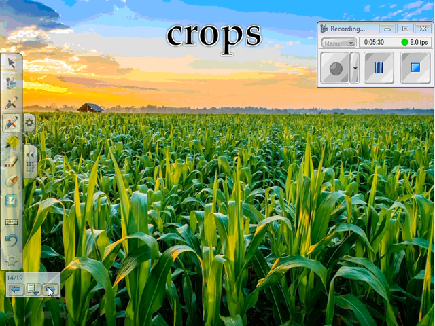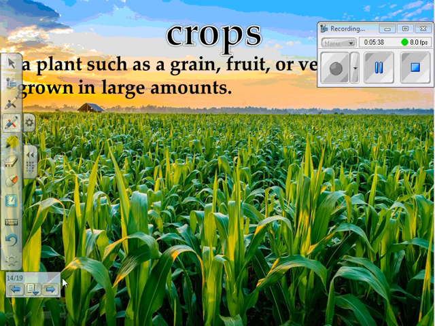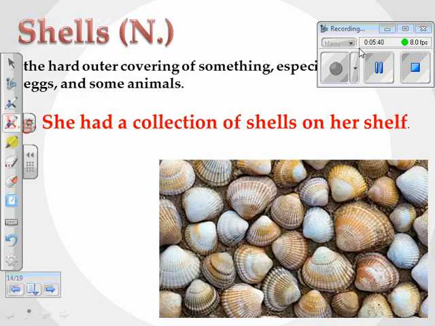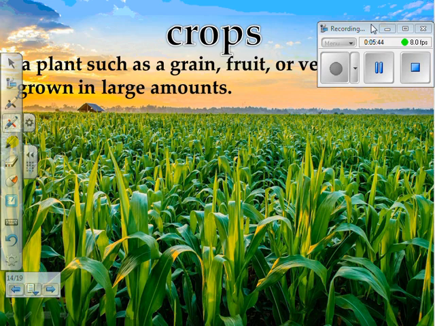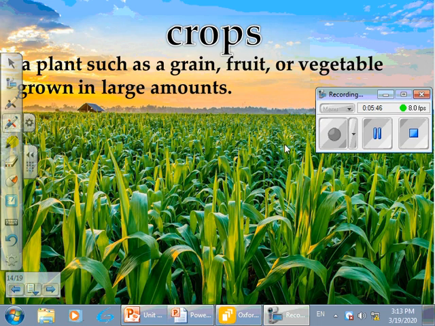Rice, wheat, corn, lentils. A plant such as a grain, fruit, or vegetable grown in large amounts.